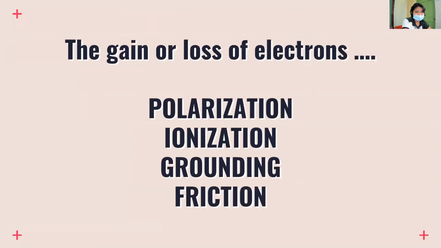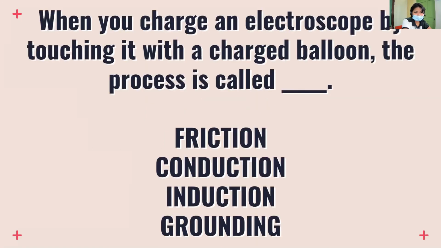Number 7, the gain or loss of electrons. Okay, number 8. When you charge an electroscope by touching it with a charged balloon, the process is called.